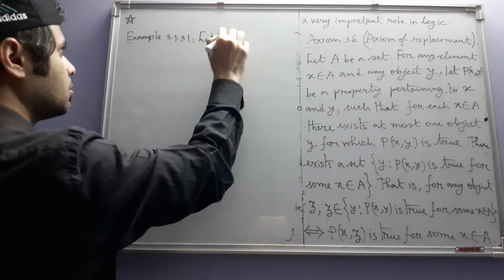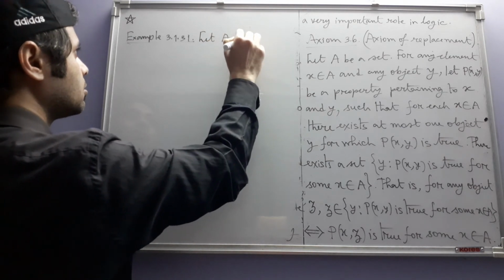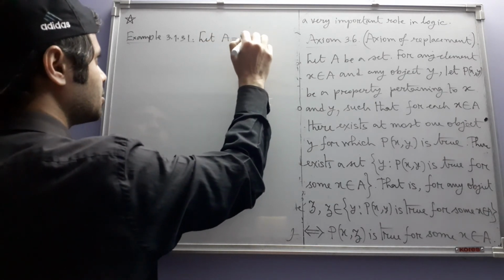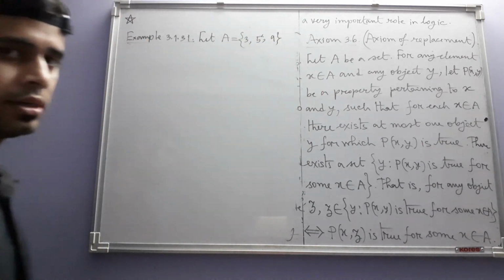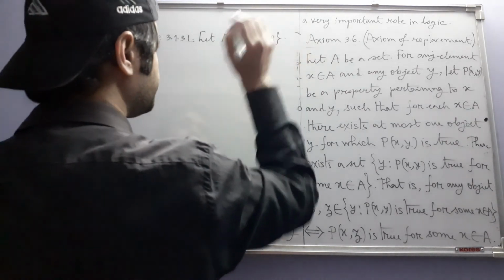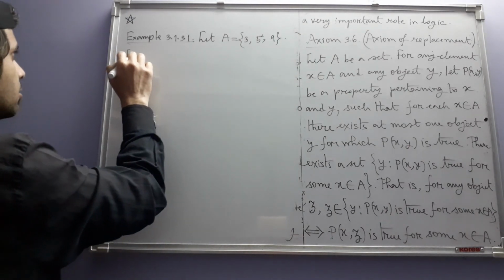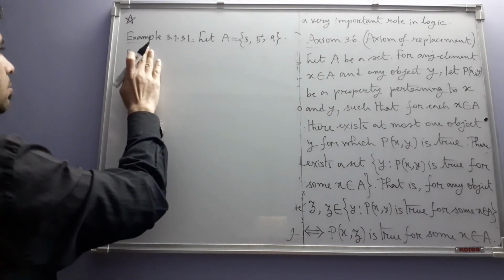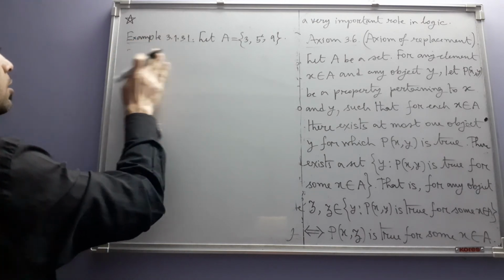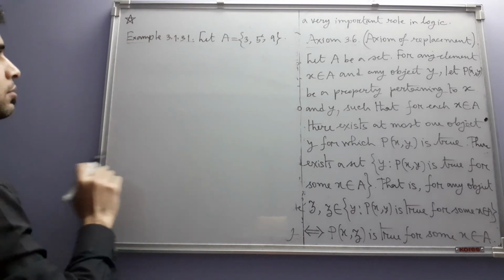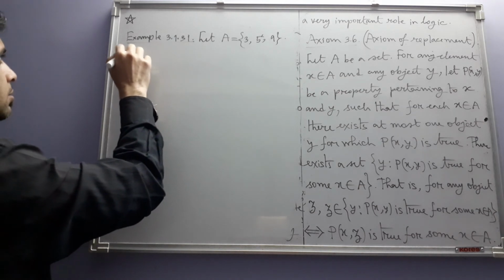Let A be this small set of three natural numbers: 3, 5, 9. Let P(x, y) be defined. Oh, I have to say this explicitly.